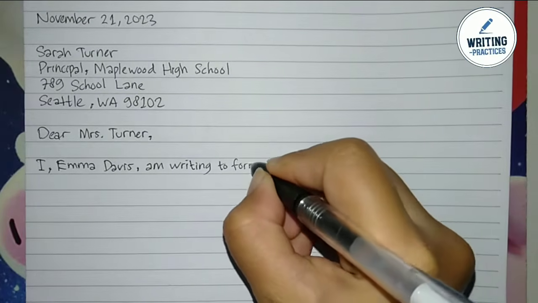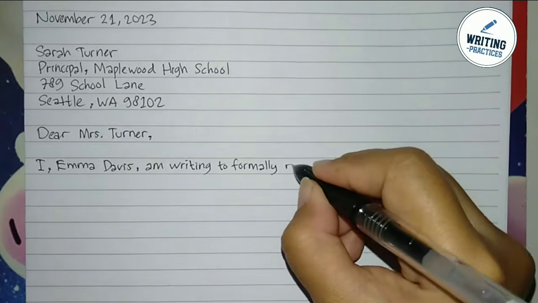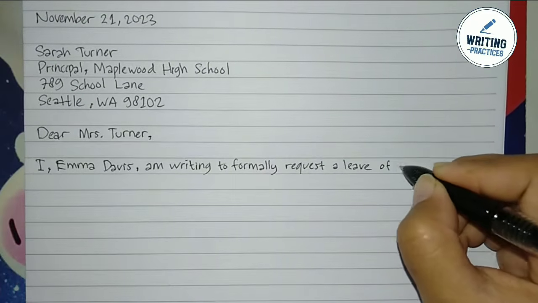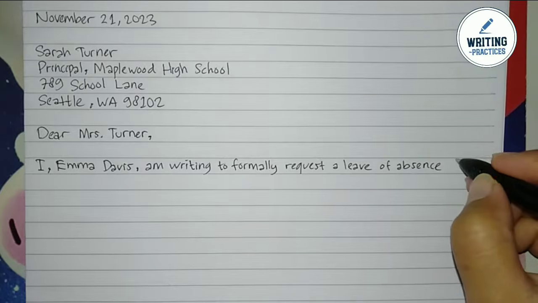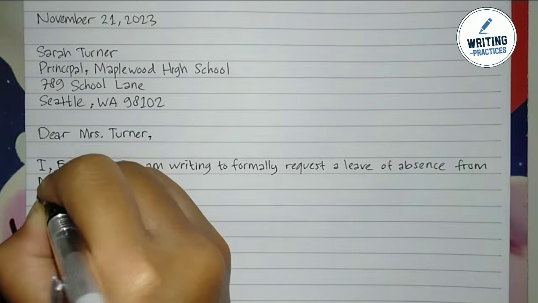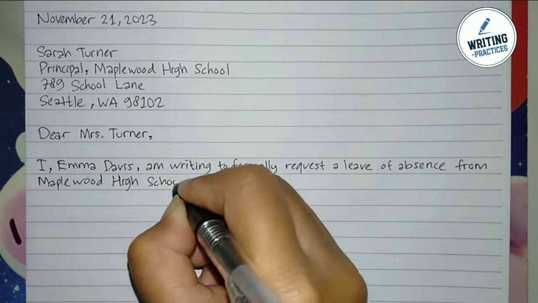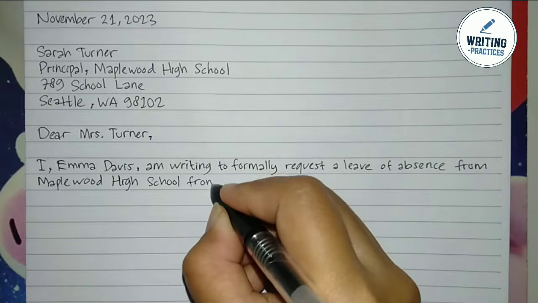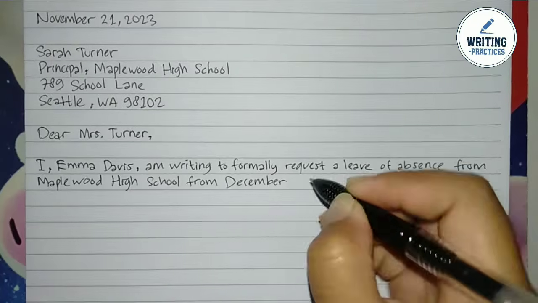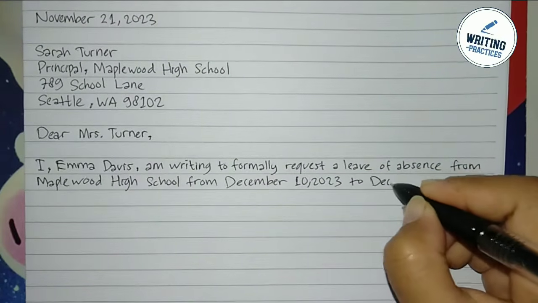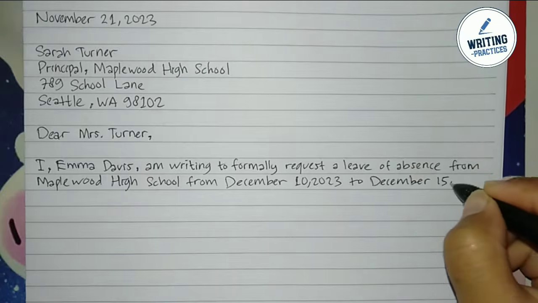For example, "I, Emma Davis, am writing to formally request a leave of absence from Maplewood High School." Of course, you need to include the dates you intend to be absent. Write the period, for example, from December 10, 2023, to December 15, 2023.